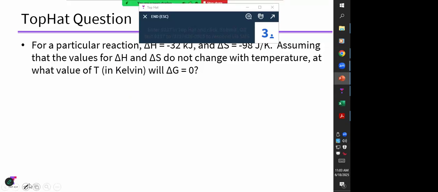So very similarly to the question that we just did, we can set up our Gibbs equation and set delta G equal to 0.